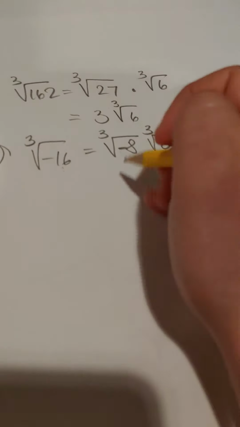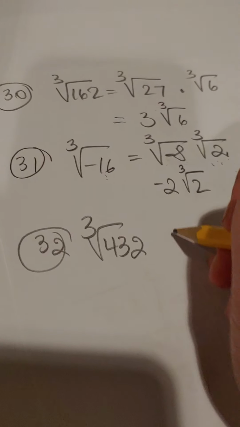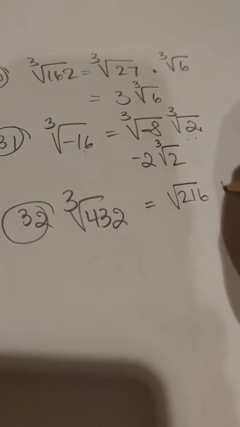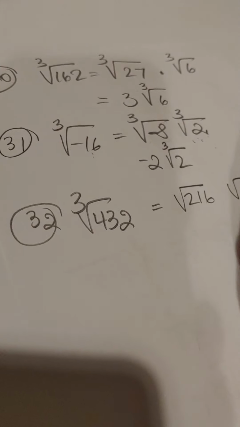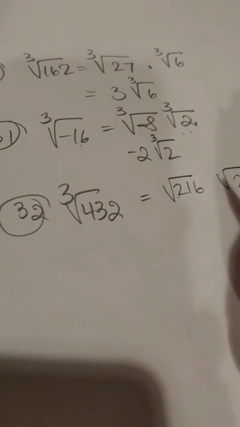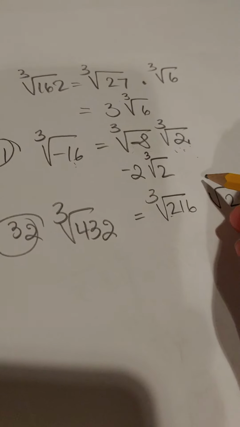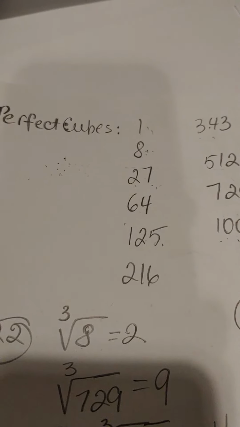Number 32. Cube root of 432. Okay, and then we're breaking this down by 216 and 2. 2 times 216 is 432. 216 is my perfect cube, and it's right from the table right here.